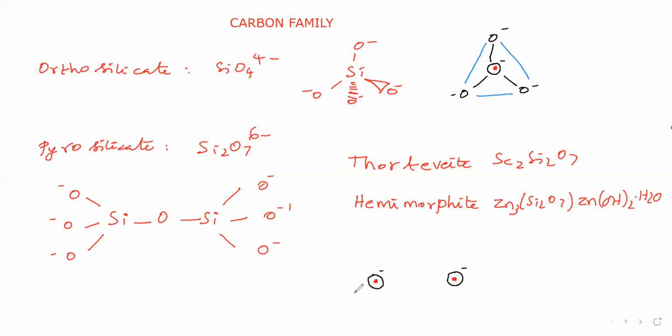Next, this side one O minus and this side one O minus. One oxygen is common for both. This oxygen is shared by this silicon as well as this silicon, this silicate as well as this silicate, this SiO4 and this SiO4.